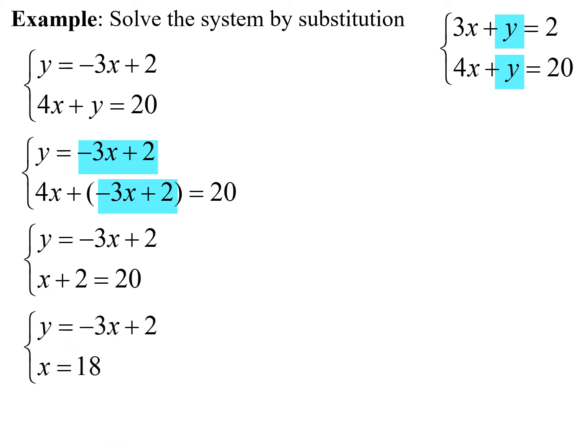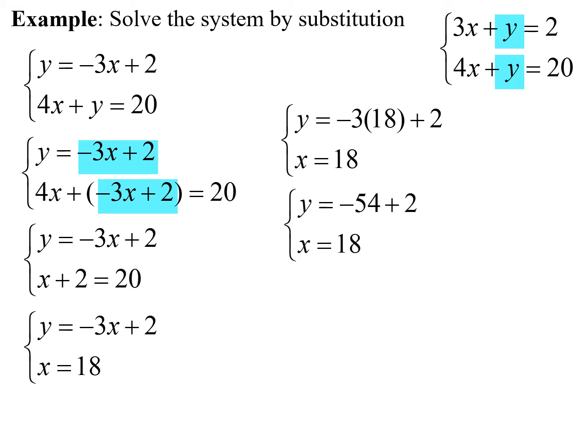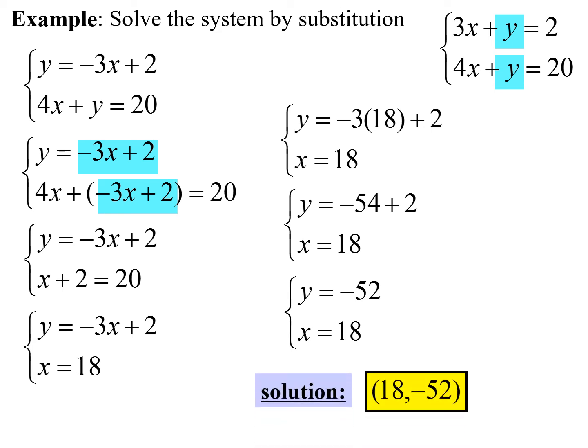Subtract 2 from both sides and I get x equals 18. Now I'm going to take the value 18 and plug it in for x in the first equation. y equals negative 3 times 18 plus 2. Negative 3 times 18 is negative 54 plus 2 is negative 52. So my x value is 18, my y value is negative 52. This is the solution to the system.